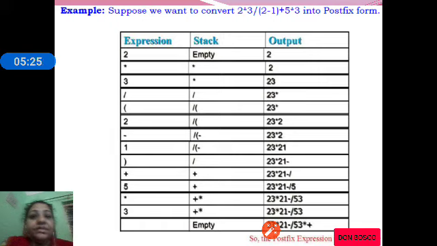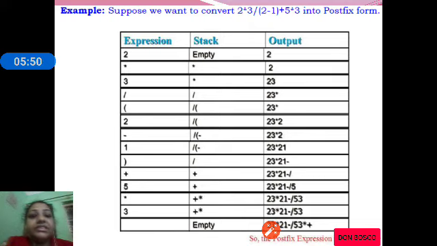The next scanned symbol is plus. As plus is an operator, it has to be pushed onto the operator stack. Then comes the next scanned symbol, that is 5. 5 is an operand. If the scanned symbol is an operand, we place it onto the postfix string or the output.